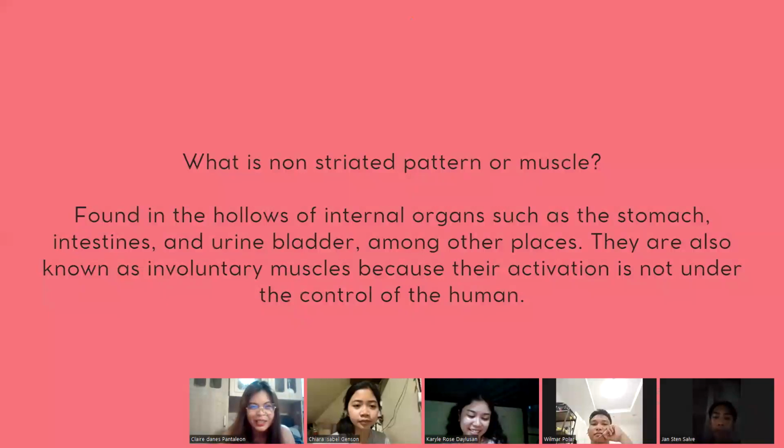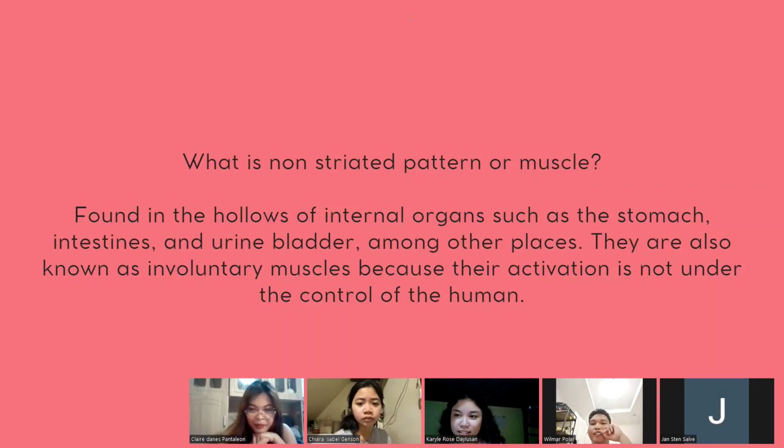Next. So what is non-striated pattern or muscle? Miss KARYLE? Sure, Mr. Polar, can you please read it? What is non-striated pattern or muscle? It is found in the hollows of internal organs such as the stomach, intestines, and urine bladder, among other places.